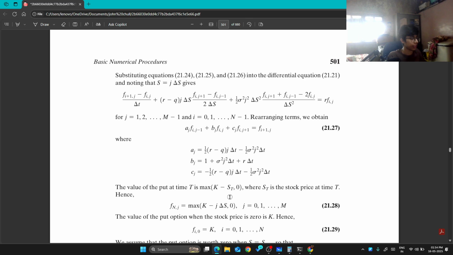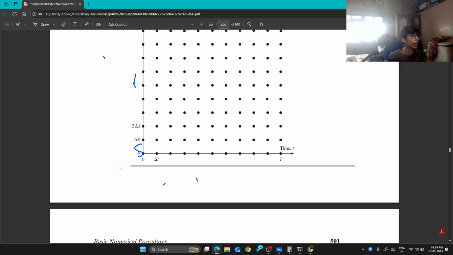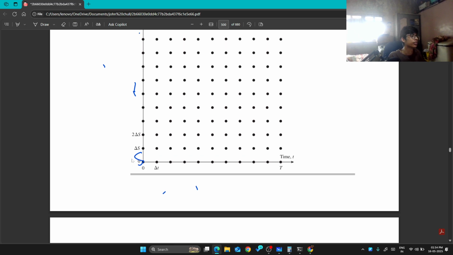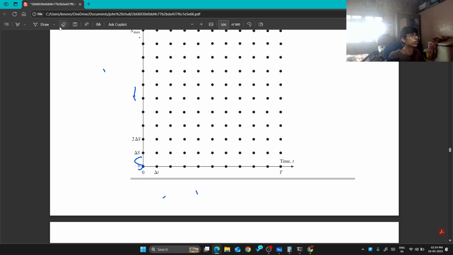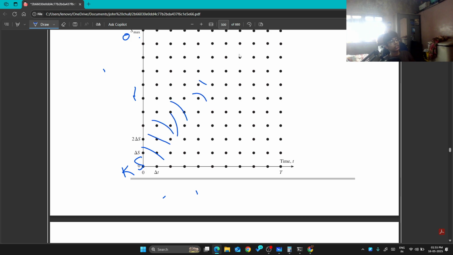This is our grid, right? The maximum value of the derivative here can be k, because for a put option it will be k, here it is 0, and then we find the value at every point.